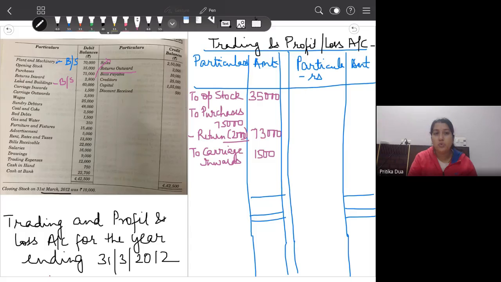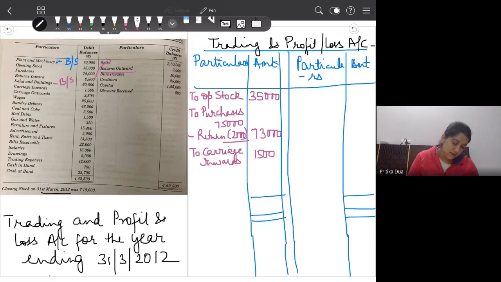Carriage outwards is post the sales, movement of the goods from the factory to the customer, an indirect expense in the profit and loss account. The first entry I make is carriage outwards with an amount of 3500. Okay. If there's any question in between, you can ask.